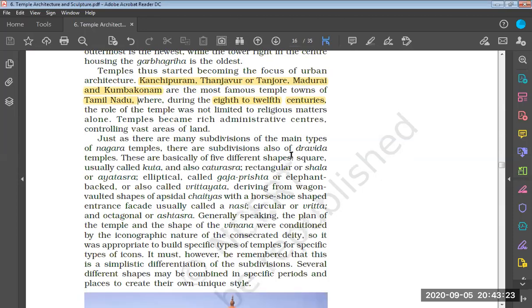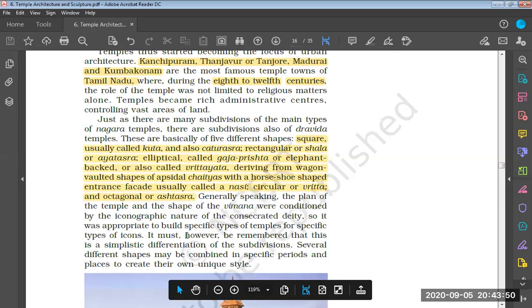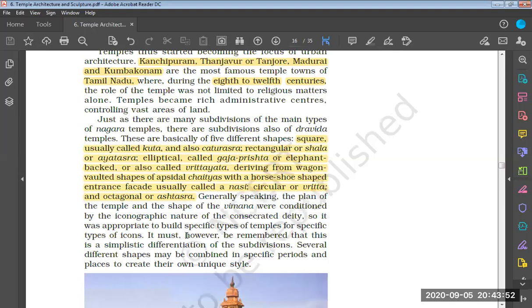Square is usually called kuta, also chaturasra; a rectangular one is called shala or ayatasra; elliptical is called gaja prishta or elephant backed, also called vritayata, deriving from the wagon vaulted shape of apsidal chaityas with a horseshoe-shaped entrance facade usually called a nasi; circular is vrita; and octagonal is ashtasra. I'm reading this once again.